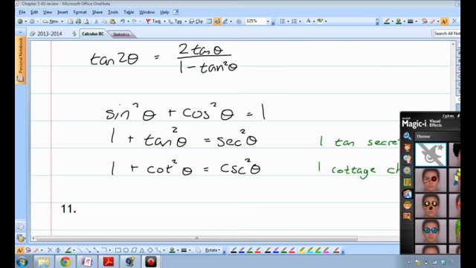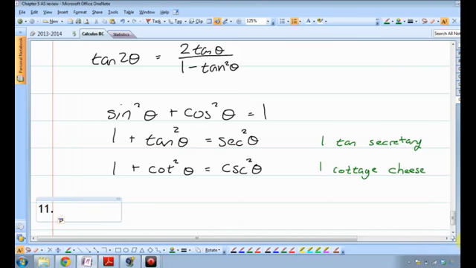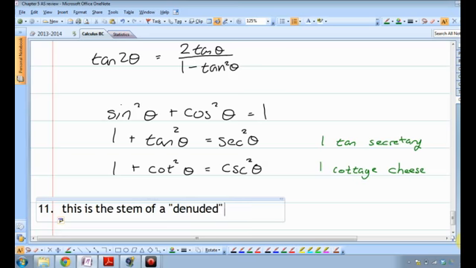Okay, so the thing you should know about 11 is this is the stem of a, quote, denuded multiple choice question. Don't get too excited. That's exactly what it says.